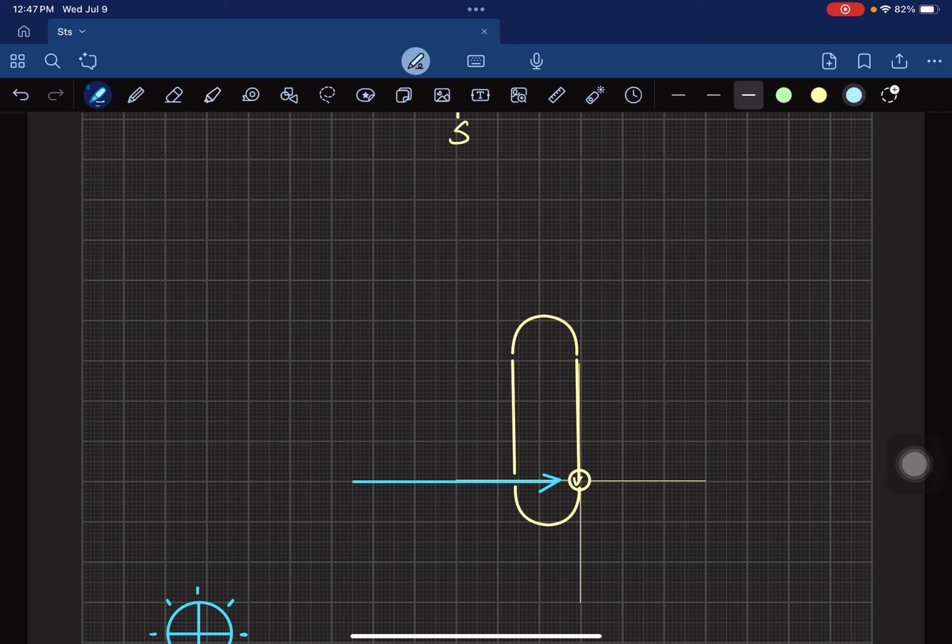If you made a direct entry into this hold, the turn would look something like this. You have to cross the fix, that's the thing. And after you cross the fix, you start turning, and your turn is more than 90 degrees. And as you turn, you cover a distance.